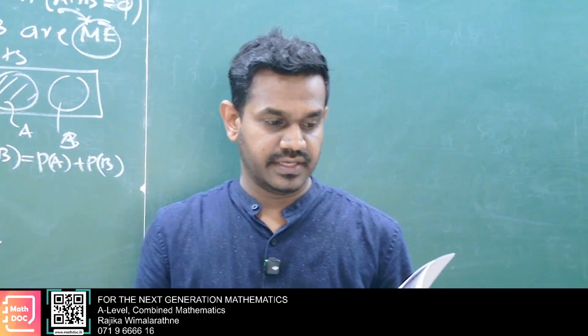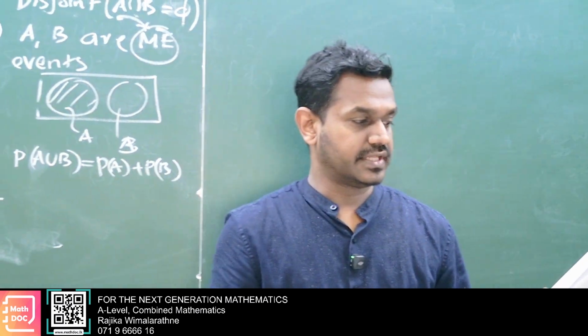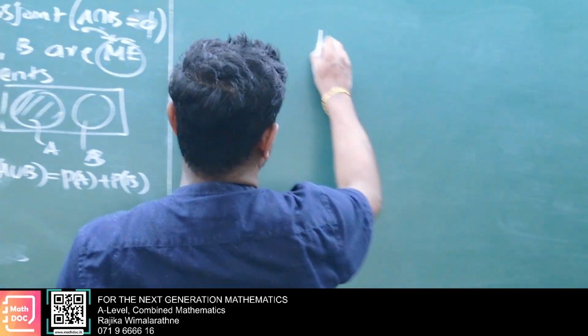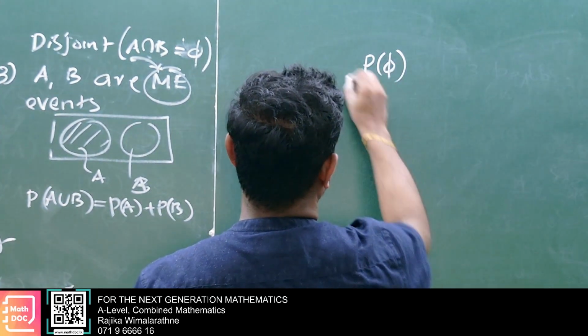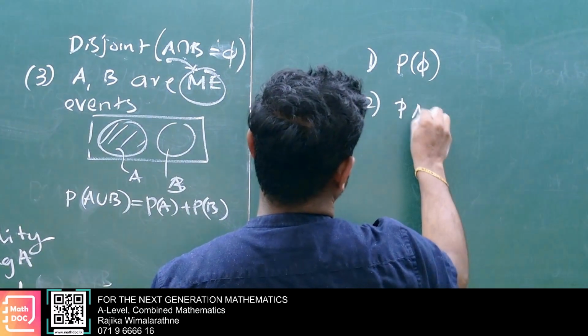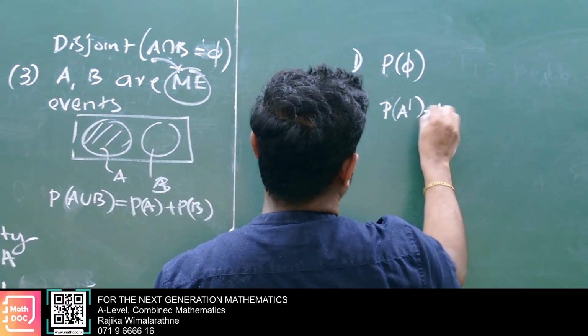So the theorems are given. P(null) equals 0. Based on the axioms, we can create the first theorem, P(null) equals 0. Second theorem, P(A dash) equals 1 minus P(A).